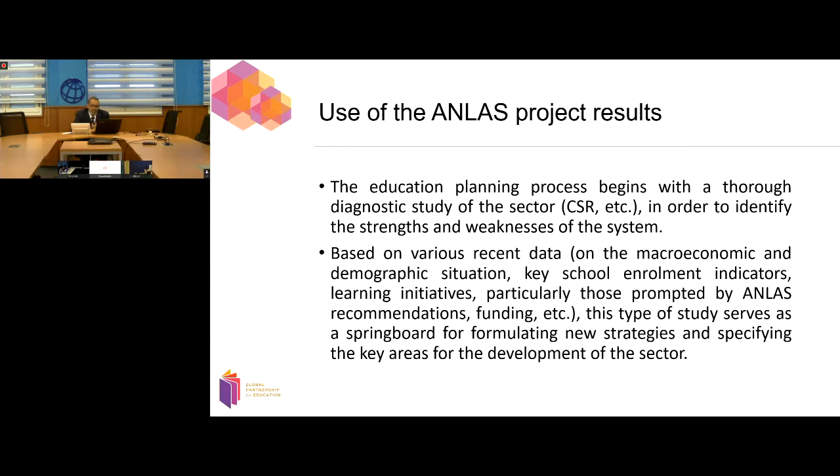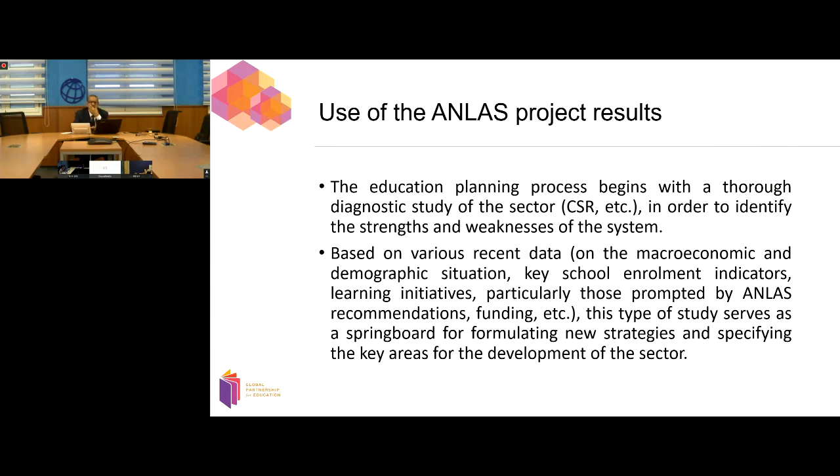We have to take into account the recommendations of the ANLAS project in the 3-year plan and in the 2021-2030 plan, on top of what is going to be proposed in 2020. We have to do the integration of ANLAS in all these plans in order to feed the diagnosis.